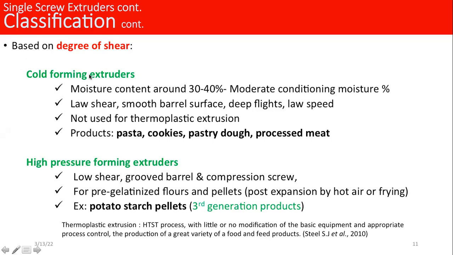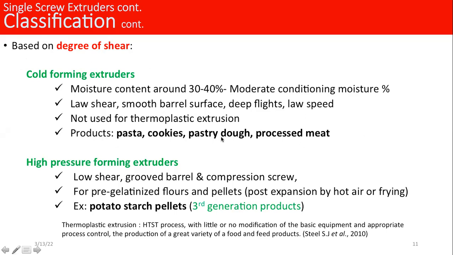So cold forming, low shear, pressure එක අඩුයි, smooth surface එකක් තියෙන්නේ, speed එක අඩුයි, deep flight තියෙන්නේ. Flight එක deep වුණාම ඔයගොල්ලෝ දන්නවා pressure එක අඩුයි. Not used for thermoplastic extrusion.